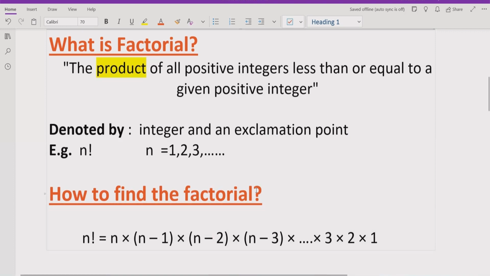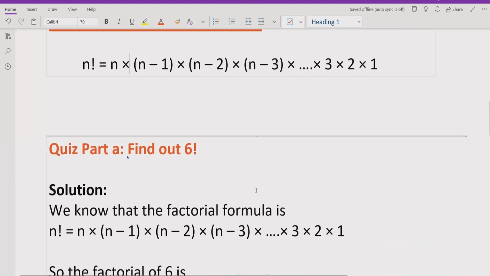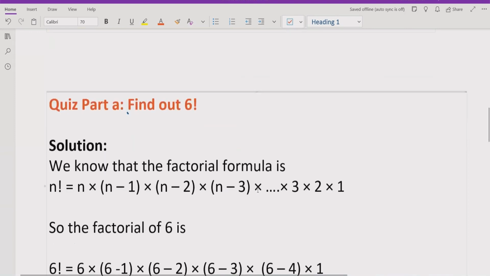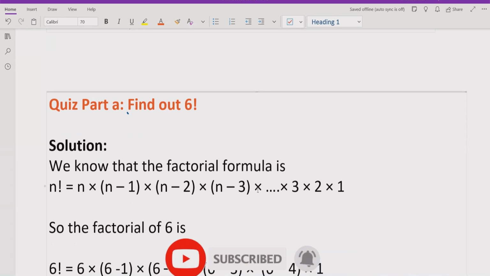Now, we will see the quiz part 1. We have to find the 6 factorial. We know that the factorial formula is n factorial equal to n multiplied by n minus 1, n minus 2, n minus 3, and so on.